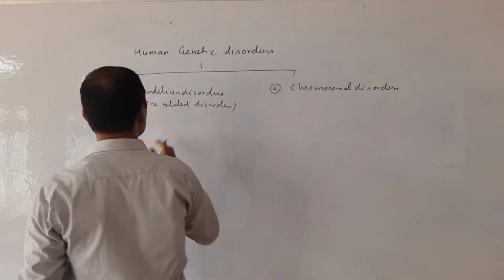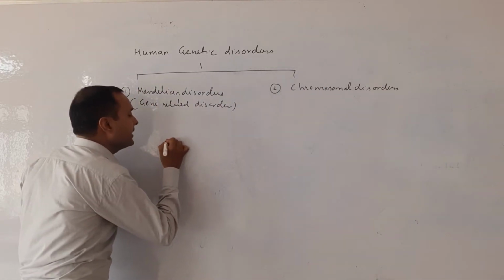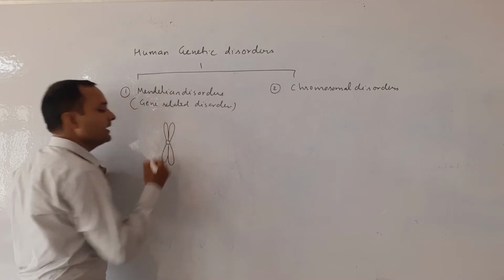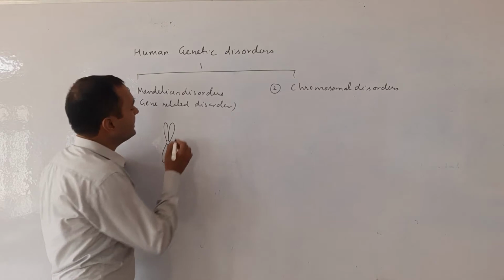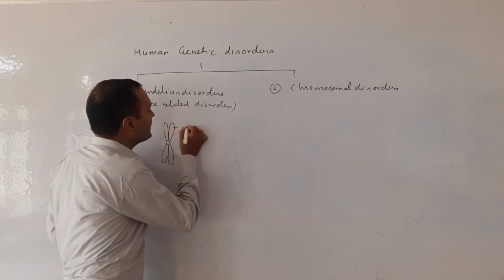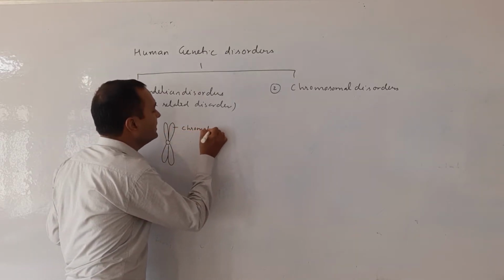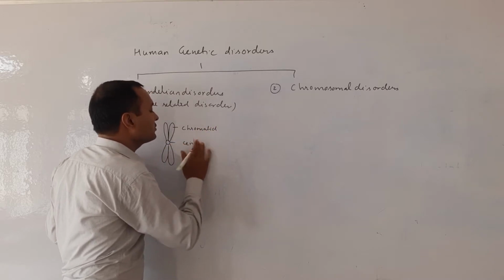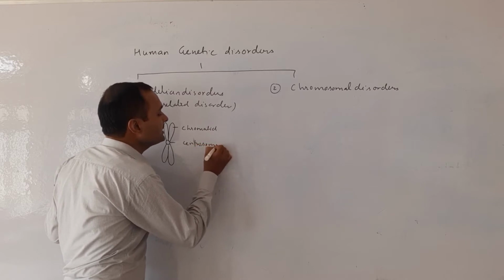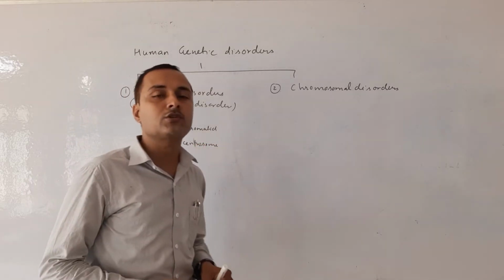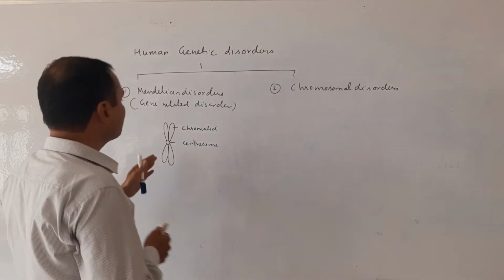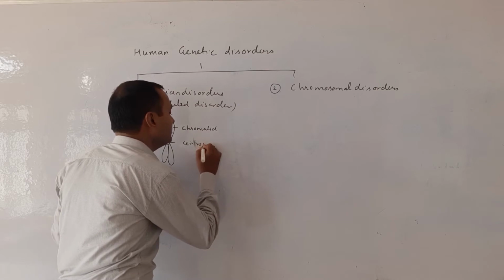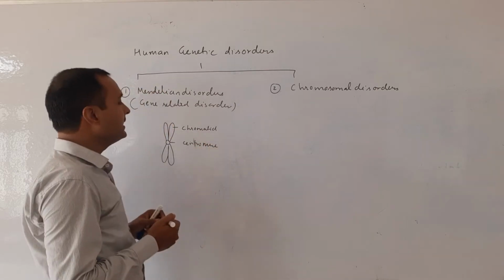Suppose that this is a chromosome. You know well, a chromosome consists of DNA, and each chromosome has two parts. The half part is known as a chromatid, and the center part is known as the centromere.